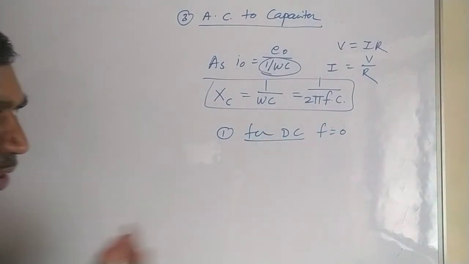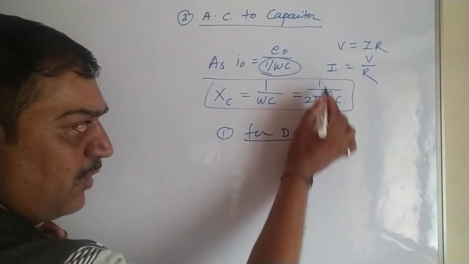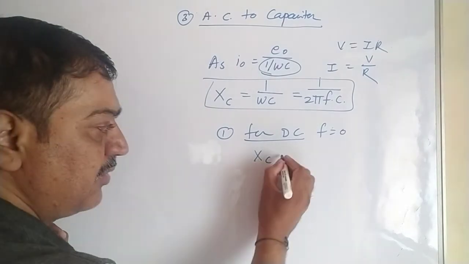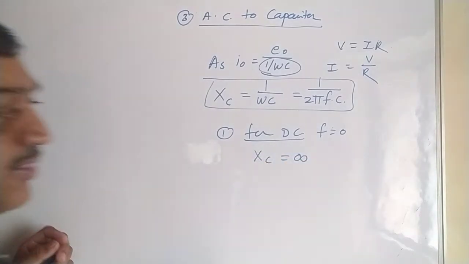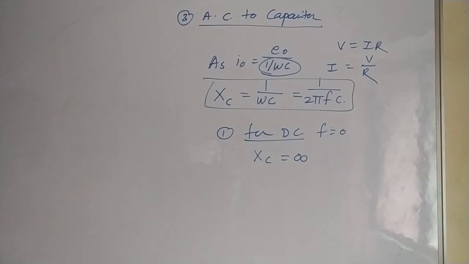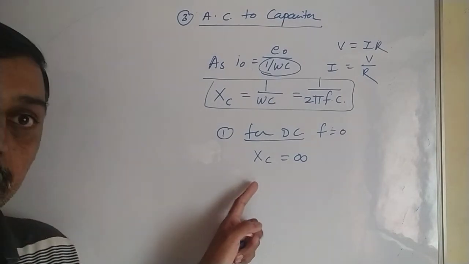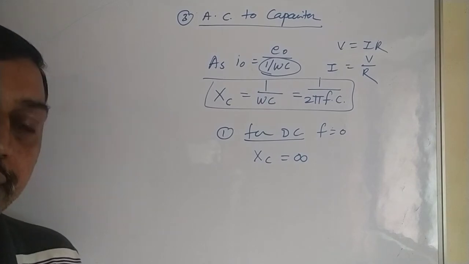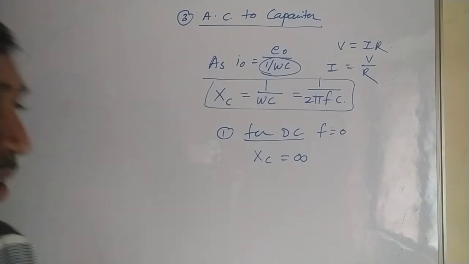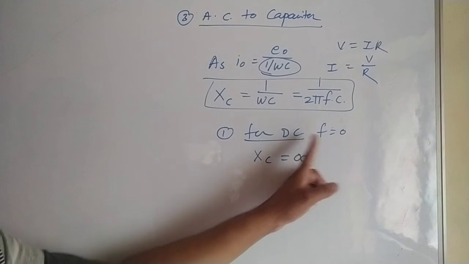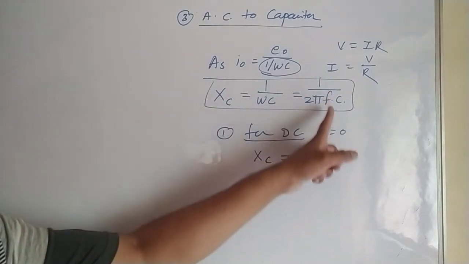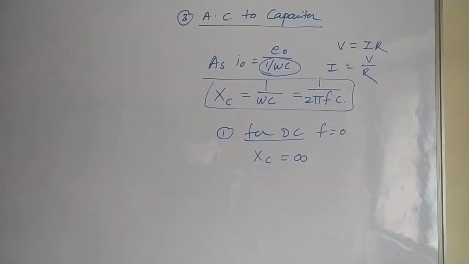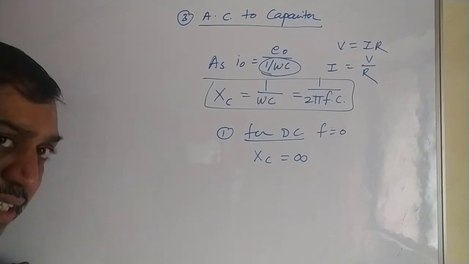If frequency is 0, 0 into anything is 0, 1 by 0, Xc is infinity. Xc is infinity means what? It never passes the DC. Capacitor always blocks the DC. Why block? Because frequency for DC is 0. If you put it here, 1 by 0 is infinity. So capacitor blocks the DC.